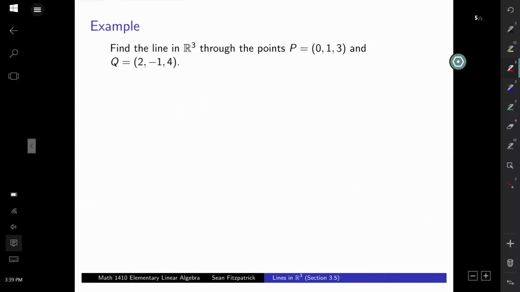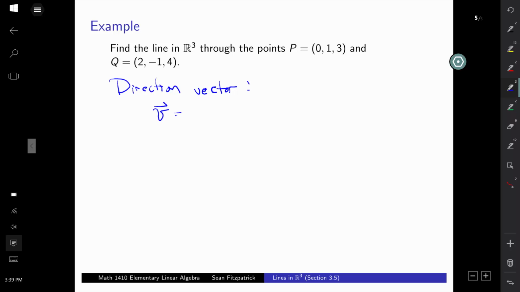Let's do one example before we go. So here we've got a couple of points in 3 dimensions. We want to come up with the line that passes through those points. So the first thing we need is a direction vector. Okay. So what is our direction vector?